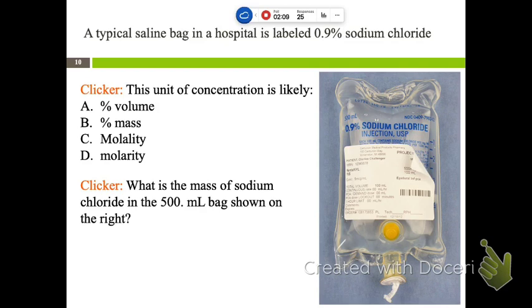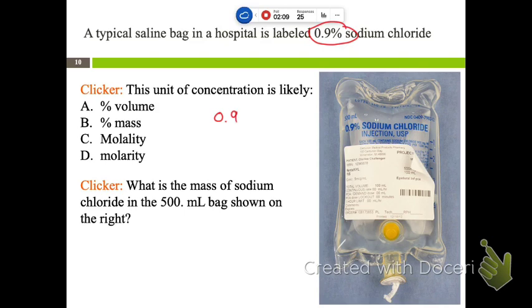So what's hidden in here that we need to unpack? The percent. Shelby, you want to talk us through it? So what is the 0.9? If we write it out, what's on top, what's on the bottom for a conversion factor? 0.9 over 100.